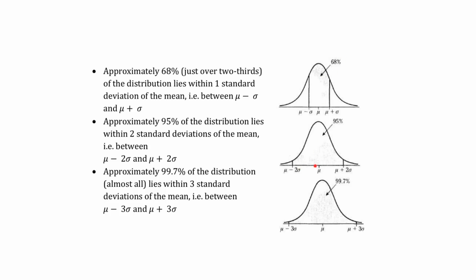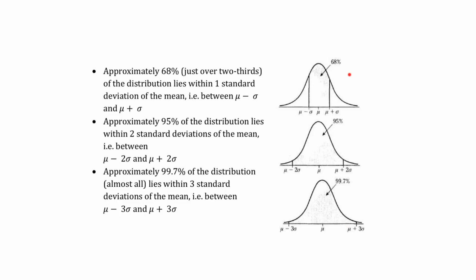Similarly, within 2 standard deviations above and below the mean, the probability is approximately 95%. And within 3 standard deviations above and below, the area is roughly 99.7%.